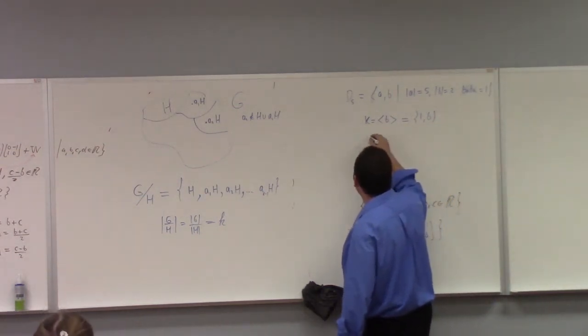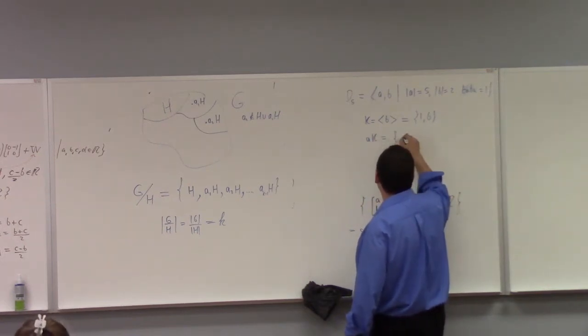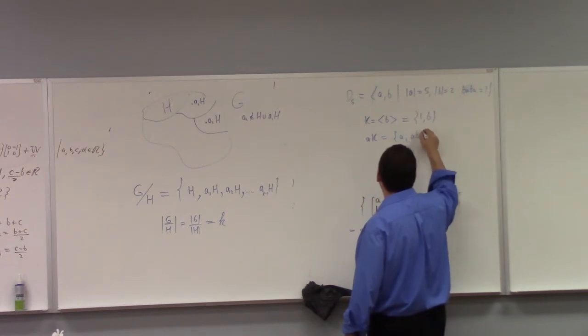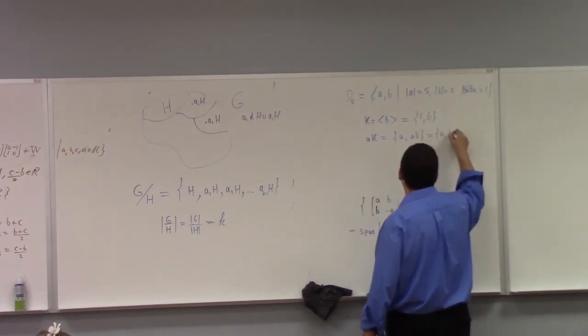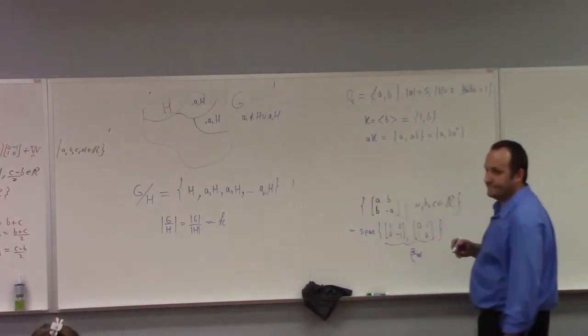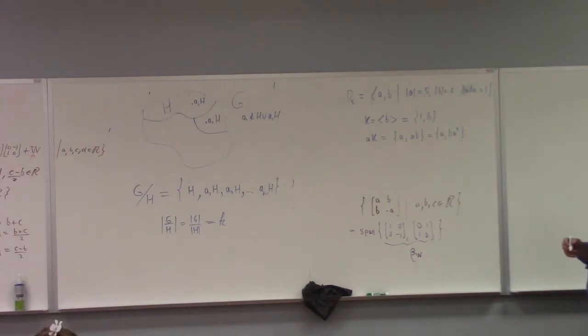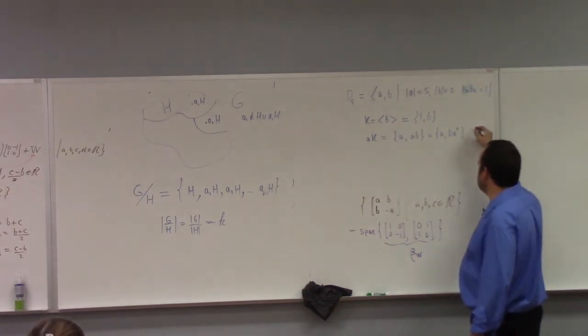And then if we look at AK, right, that's going to give me AB. And I like to write that as B A to the fourth in this context. I think that's right. The inverse of A is A to the fourth, right? Yeah.